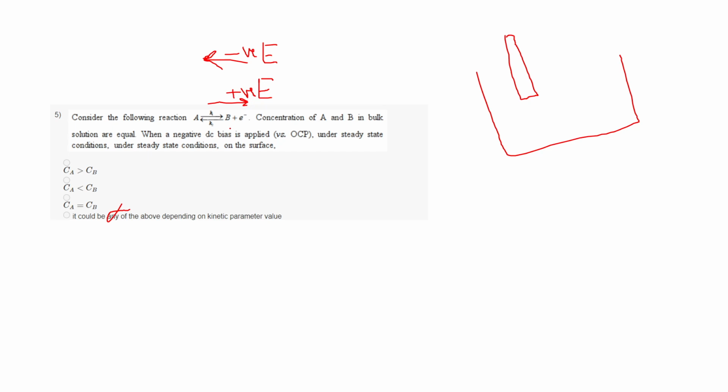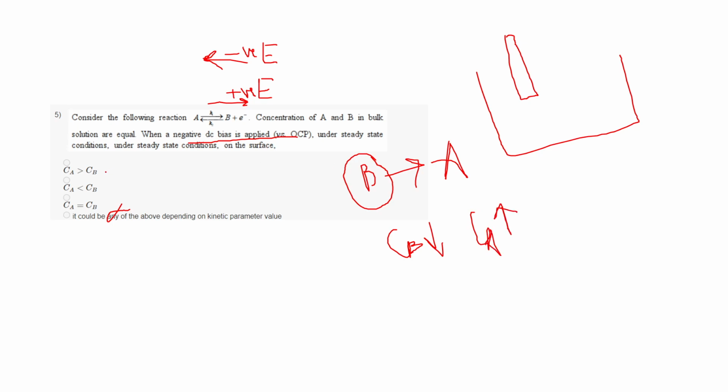As we now understand, it's a negative bias, so obviously a backward reaction is happening, B giving A. As this reaction keeps on happening, the concentration of B will keep on decreasing, B is getting converted into A, and Ca will keep on forming. So your option is option A. Is that clear?